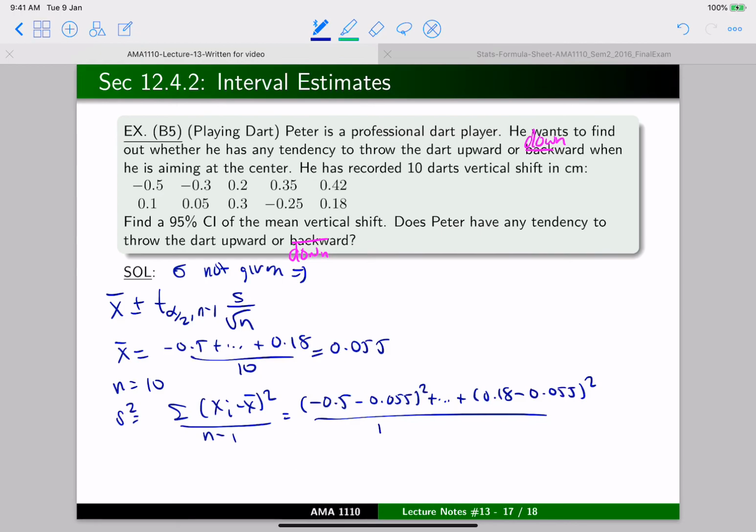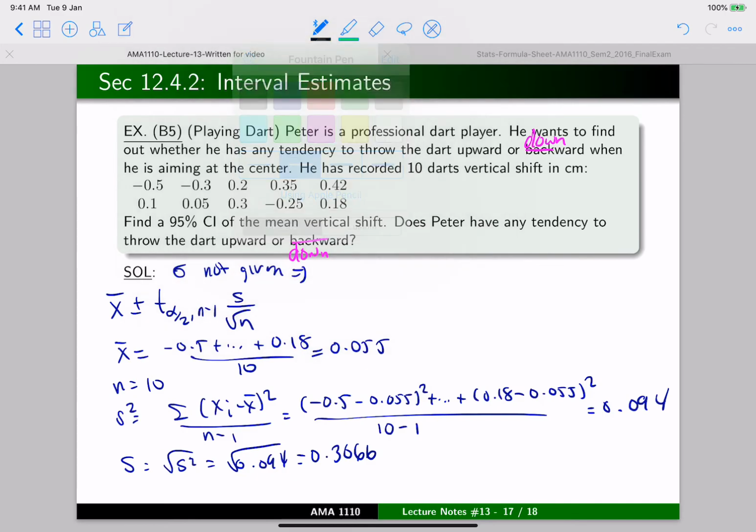And then divide by 10 minus 1, and that will be 0.094. The sample standard deviation would then be the square root of 0.094, which is 0.3066. Now again, what's our t alpha over 2, n minus 1?